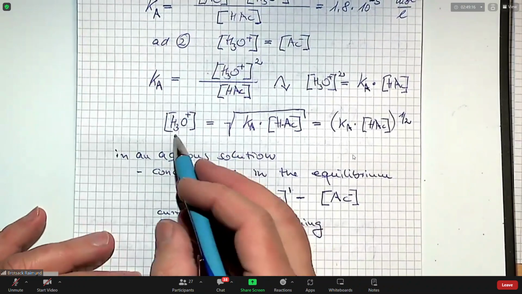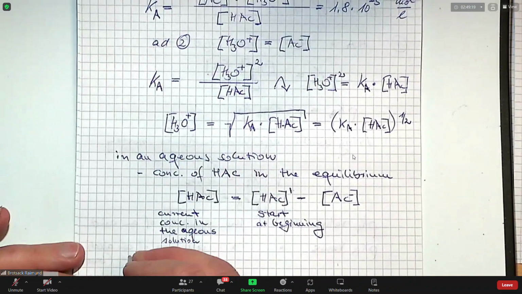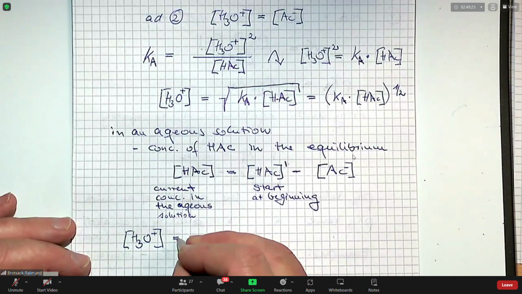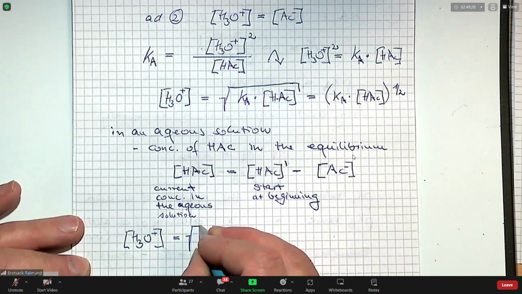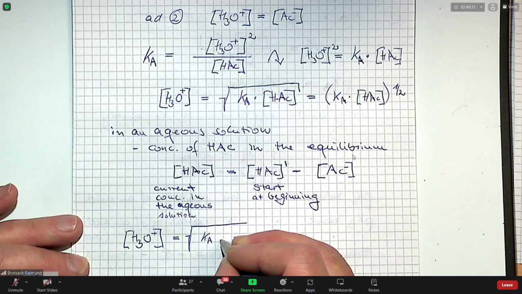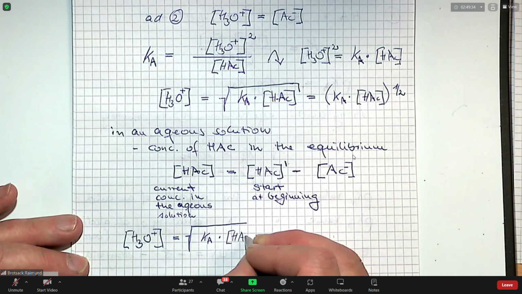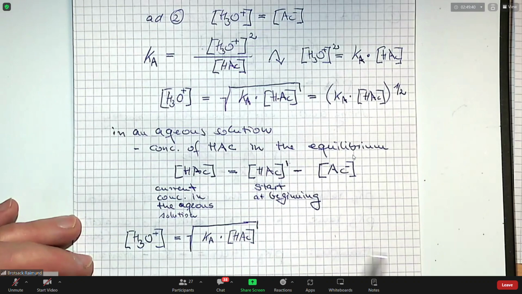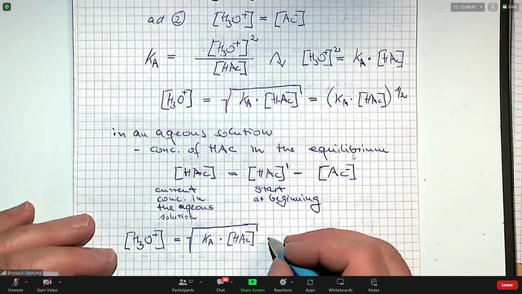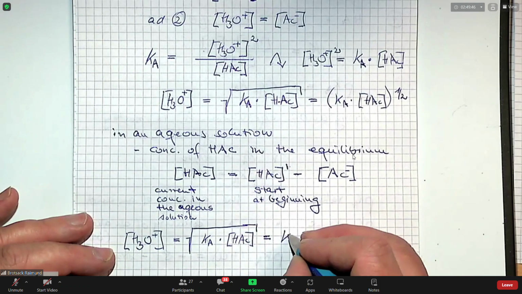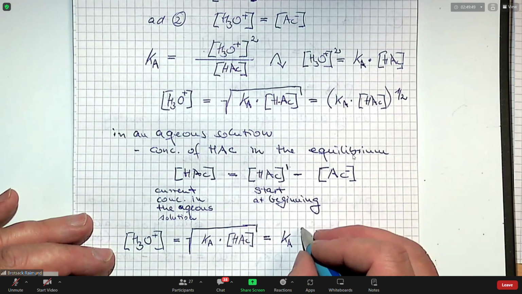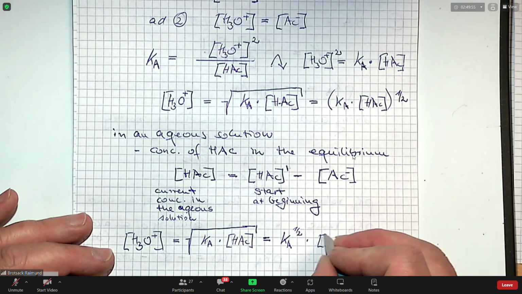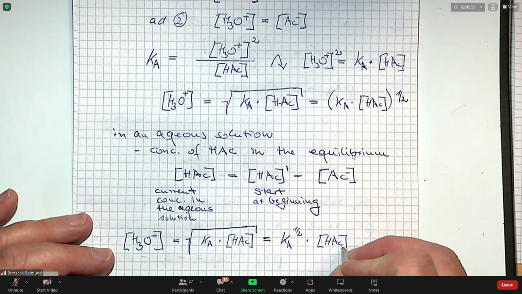So now what we had here, we said the H3O plus concentration is the square root of Ka times the current concentration of HS. Yeah, that is what we said. This is the same as saying Ka to the power of a half times the concentration of HS to the power of a half.